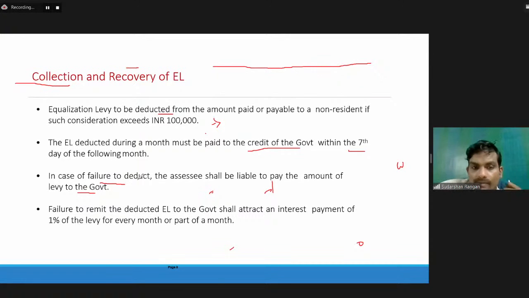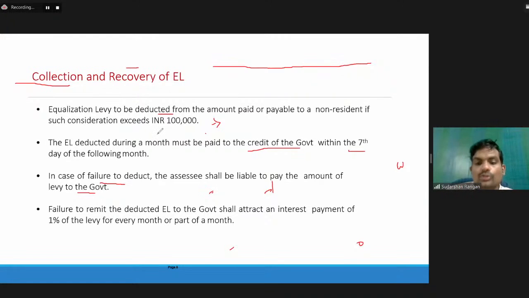So the collection will happen from him, and interest will also be collected at 1% on the failure amount, which is 1.5 lakhs in our example. Not only that, penalty will also be levied for failure to deduct and deposit.